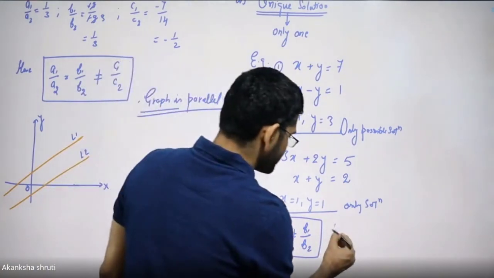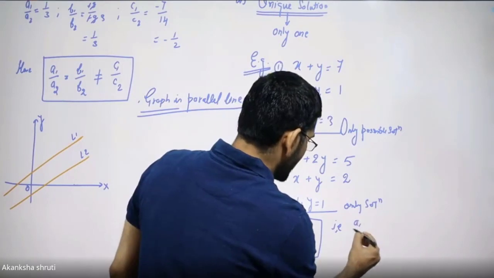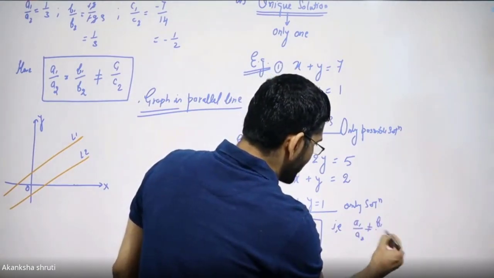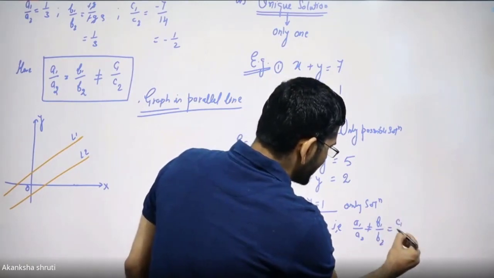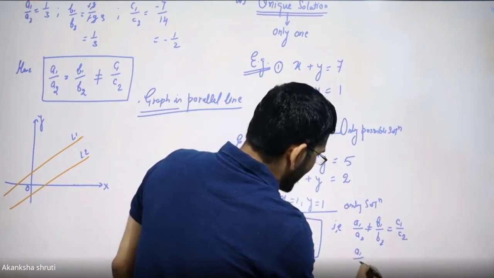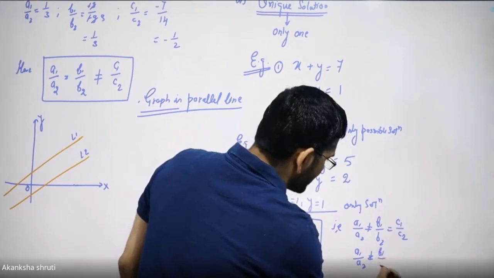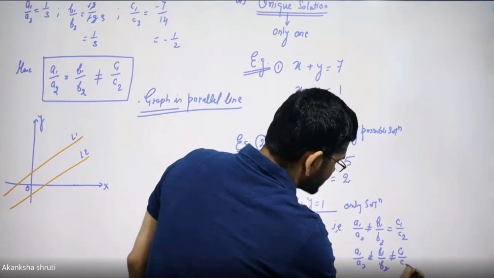That is, it may be possible that this a1 by a2 is not equal to b1 by b2. This may be equal to c1 by c2, or this a1 by a2 may not be equal to b1 by b2, and that may not be equal to c1 by c2.